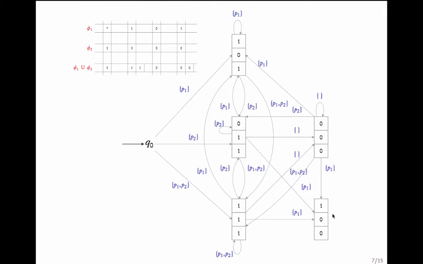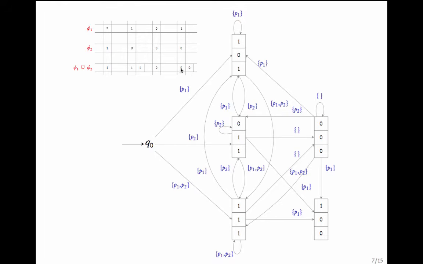Now finally, let us come to this state. Here there is a compatibility criterion for the next step. It says that if the current column is 1, 0, 0, the next step has to be 0 in this entry.